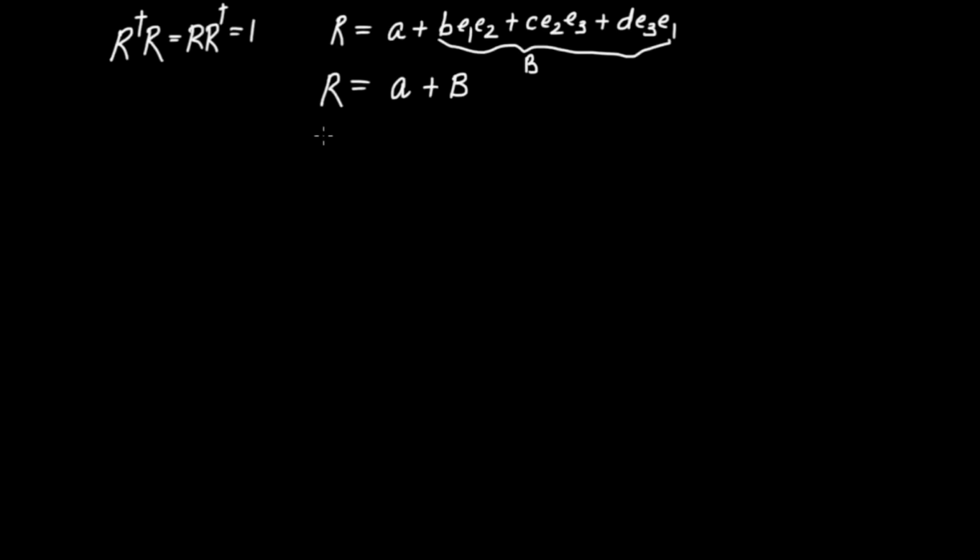Now, if that's what R is, what is R dagger here? Well, it's going to be A plus B, all dagger. Now, the reverse operator will distribute to each one of those two terms, so A dagger plus B dagger. Now, A dagger, the reverse of a scalar, is just itself. It's invariant under the reverse operation. So that's going to be just A. Now, what happens when you take a bivector and take the reverse of it? A bivector is going to contain some linear combination of the E1 E2, E2 E3, and E3 E1s.